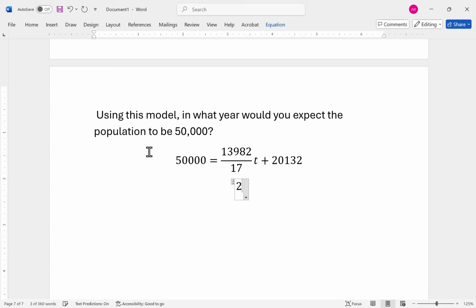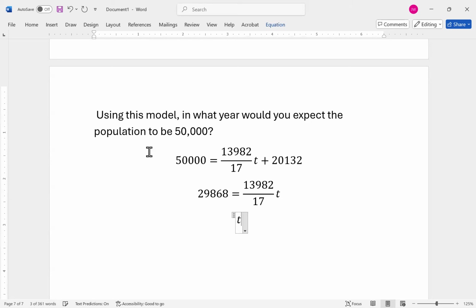That gives 29,868 is equal to this fraction times t. And then you'd divide by that fraction, or in other words, you'd multiply by the reciprocal. So you'd multiply by 17 over 13,982.